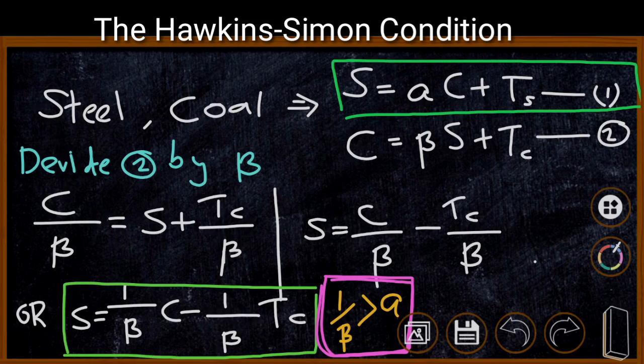It means that the values will be non-negative. If the values are negative, there will be no solution, or it has no validity in case of an input-output table. Therefore, if 1 by beta is greater than alpha, then the values must intersect in a positive quadrant if the slope of the third equation is greater than the slope of the first equation.